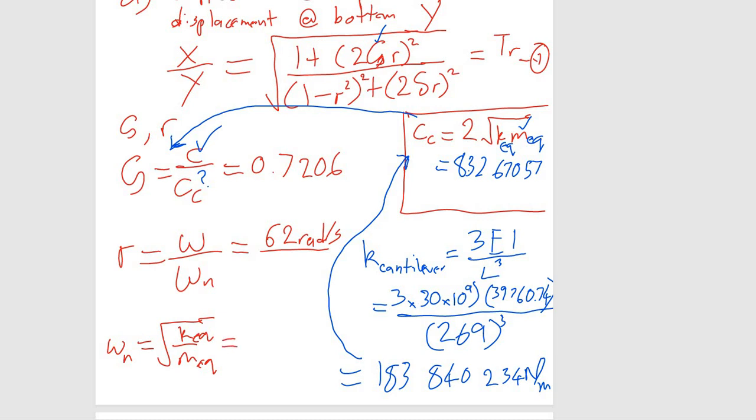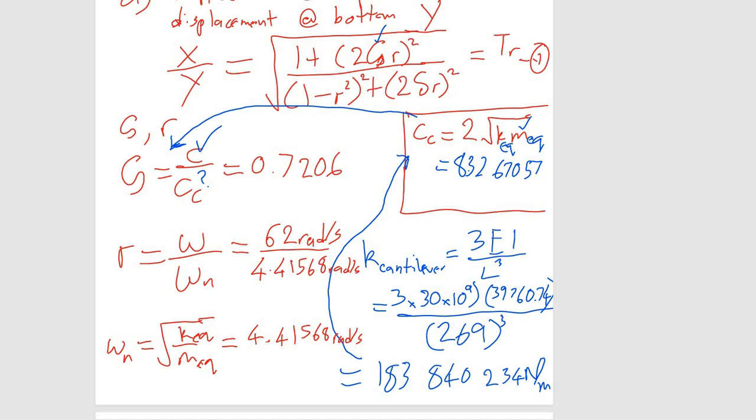If you do that, you get a value for omega n of 4.41568 radians per second. Okay, so I'll just plug in that value, 4.41568. That is the value for the natural frequency.